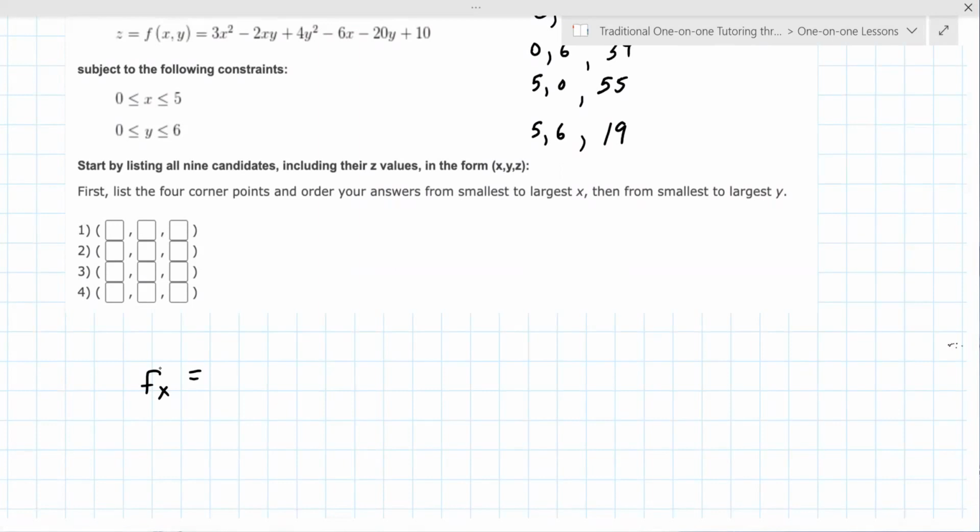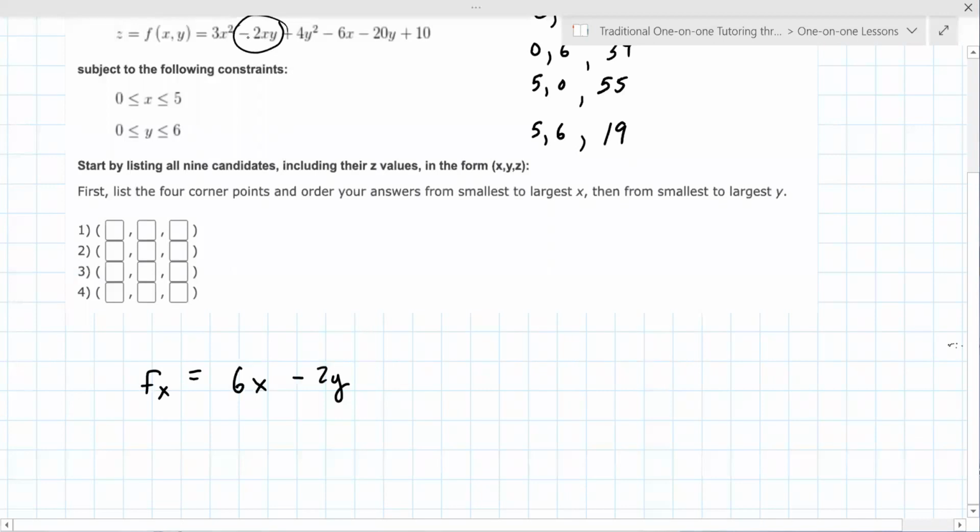Find the 4 boundary points. Okay, so that's 6x. Now this minus 2xy, that's probably the first one where it's a little bit complicated. You treat the y like it's a constant, so it becomes minus 2y, because it's minus 2y times x. So you treat the y like it's a number, and if it's just got a y, it's a constant, minus 6, like that.